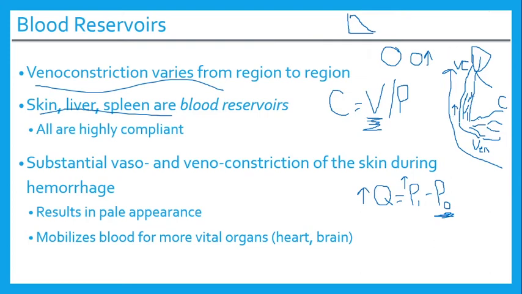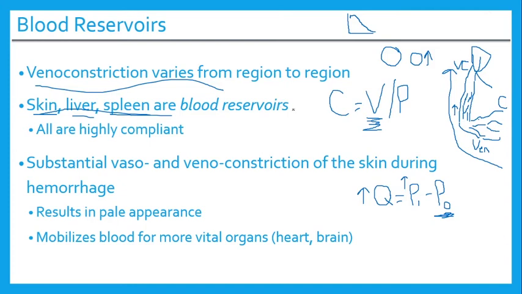And we know when we increase venous return, we increase flow back to the right atrium, we increase preload. So by venoconstricting these blood reservoirs of the body, the skin, the liver, the spleen, we're able to redistribute some of that blood flow back to the heart.